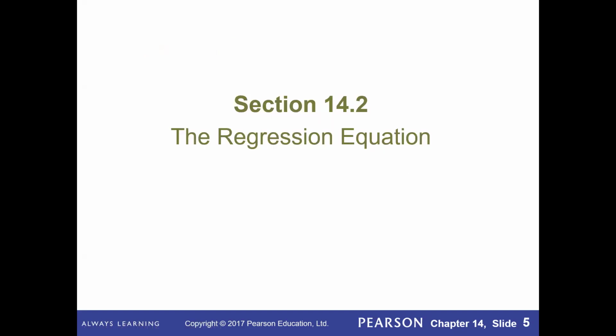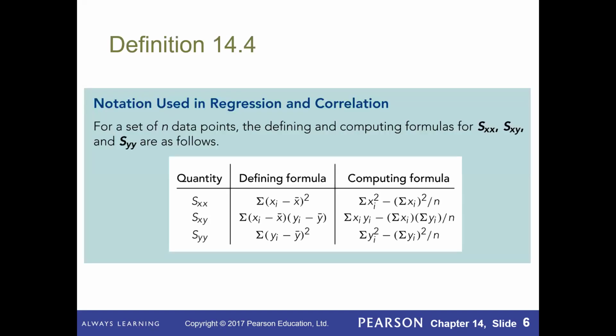Topic 2 is the regression equation. These are some common notations used in regression and correlation, and all of these have a defining formula as well as a computing formula. The table is given here.